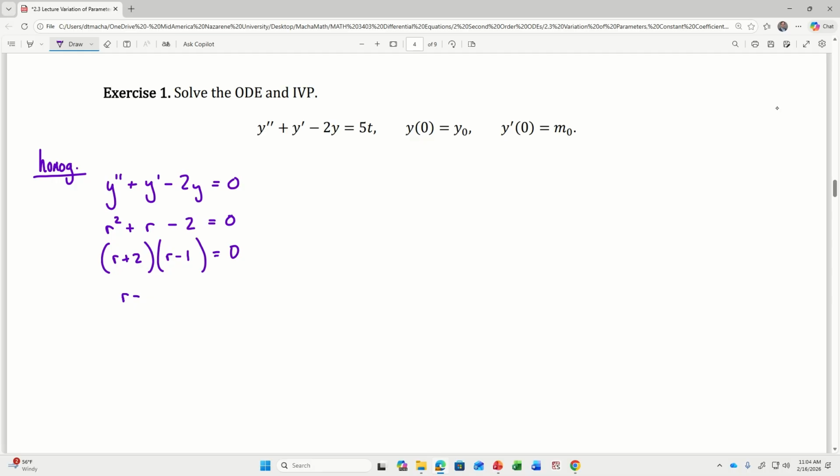So my solutions for R will be 2 real solutions, and that means my complementary solution, which is the general solution to the homogeneous version, is going to be C1 times e to the t plus C2 e to the negative 2t.